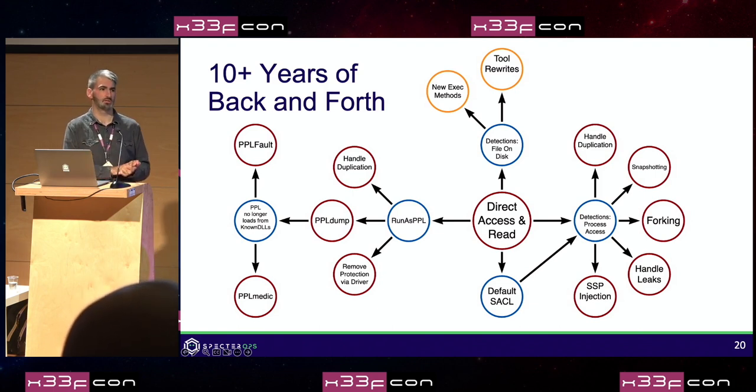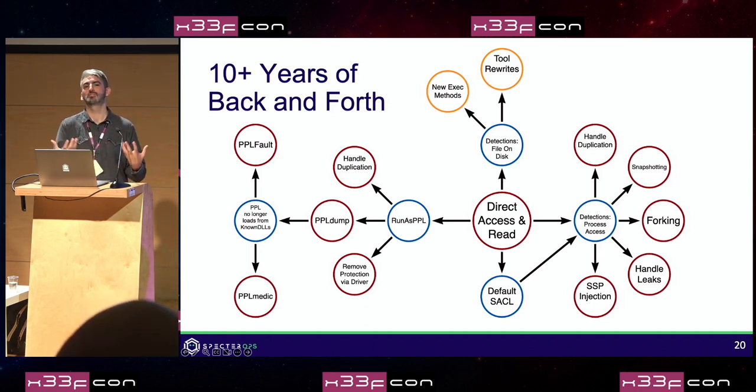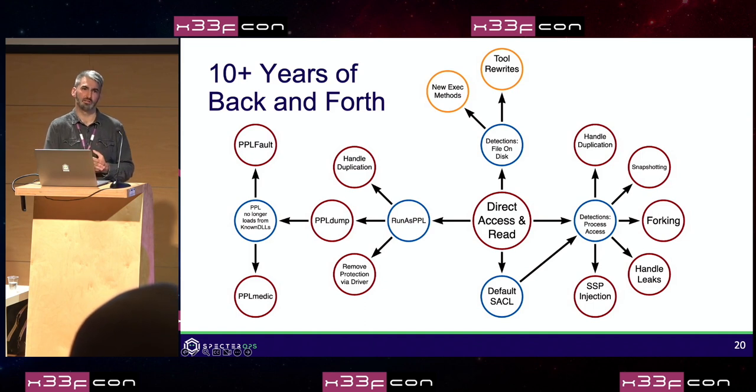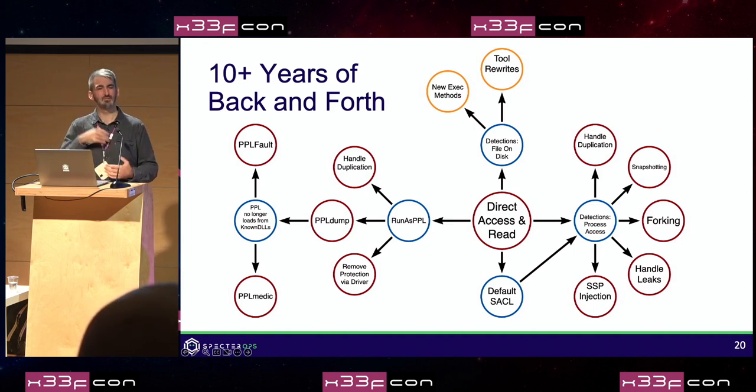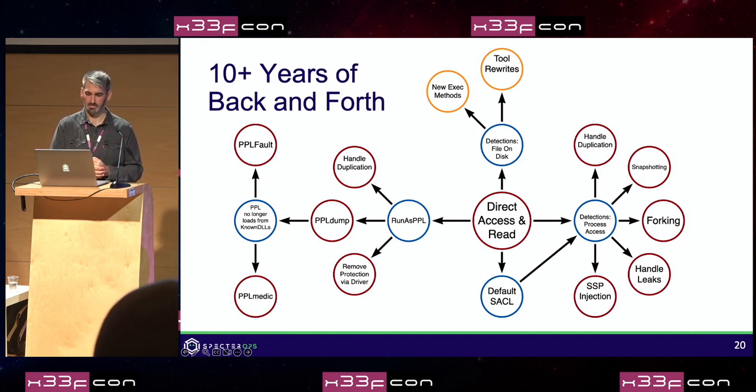On the defensive side of things, that looks like things like LSA protections. You can see on the left-hand side of this the arrow pointing to run as PPL, where as of Windows 10, Microsoft now gives you the option to have LSASS run as what they call protected process light, which ups the requirements to actually get a handle to lsass.exe, let alone things like Credential Guard, which make dumping LSASS memory itself not very fruitful.